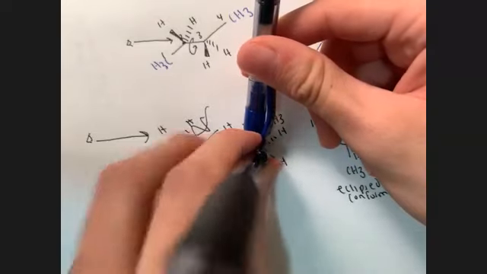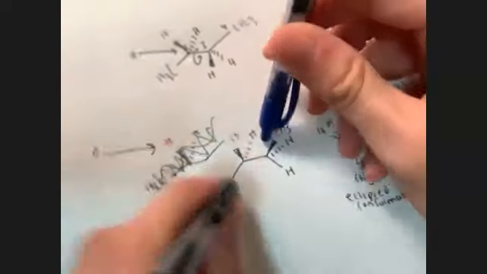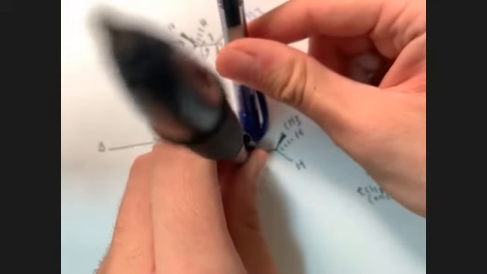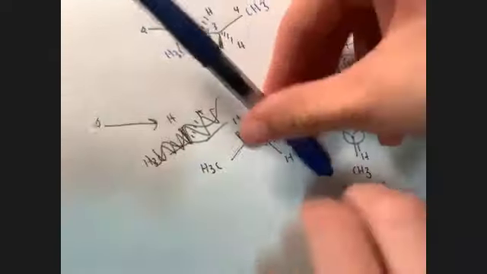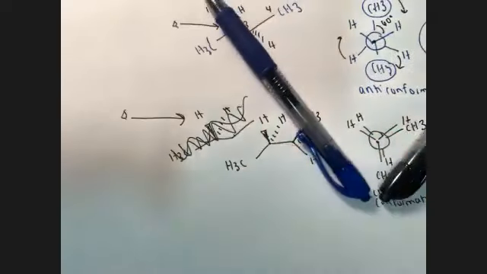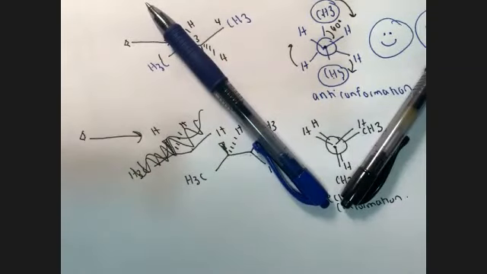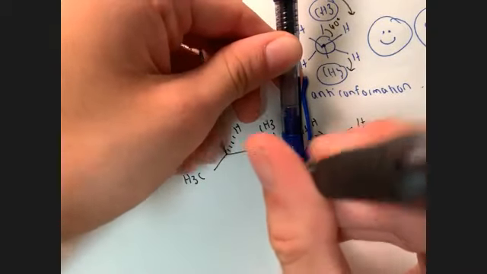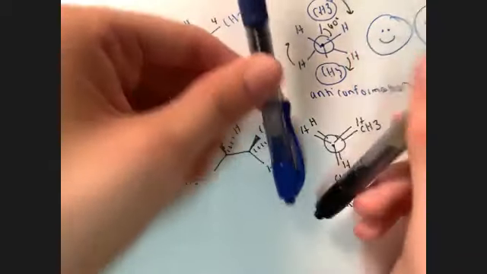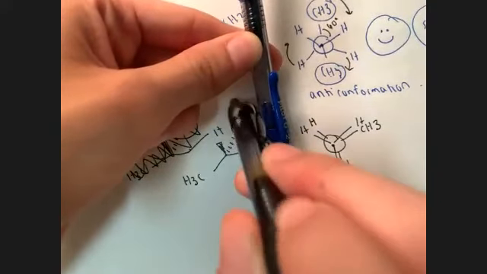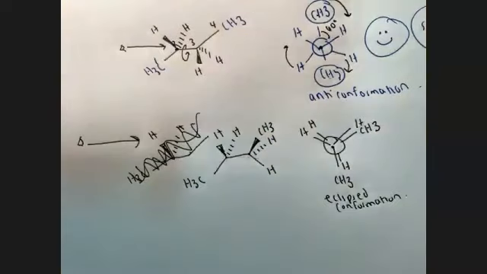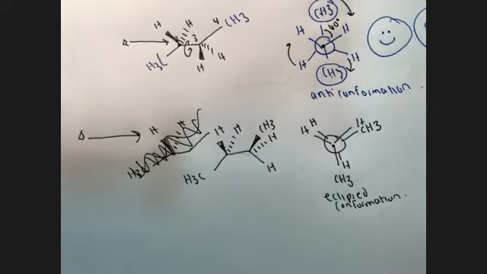If I'm looking from the side, where this arrow is pointing, it's like a V, and if I translate that onto 2D paper, it looks like this V. So this wedge hydrogen from this perspective translates to my right, and the blue dash is now going to translate to my left. I'm just trying to give you all the different types of visuals that you can use.